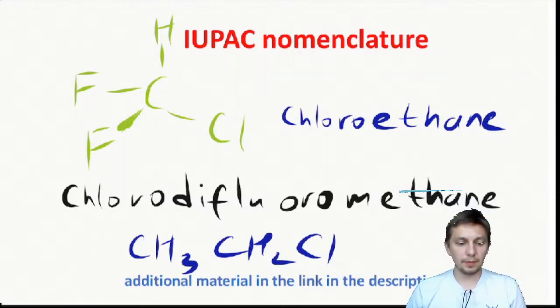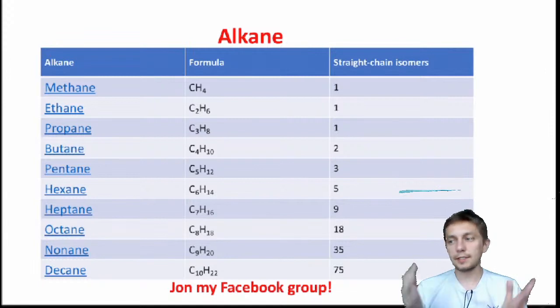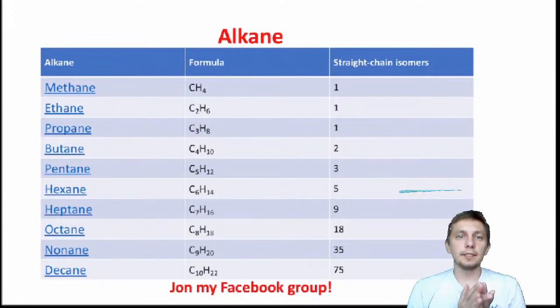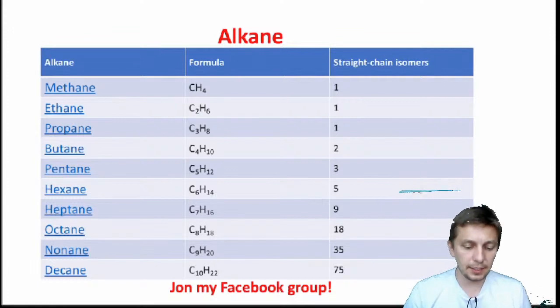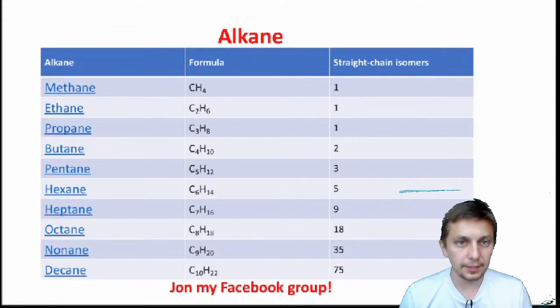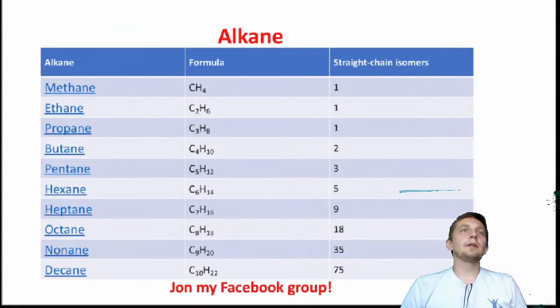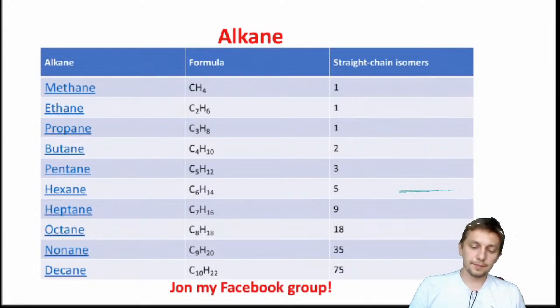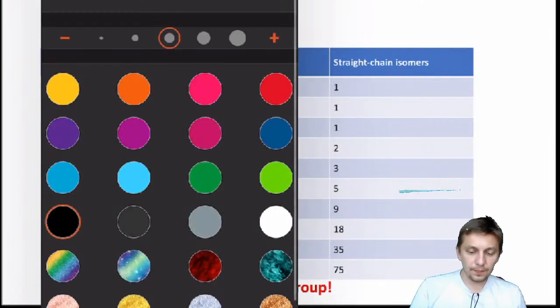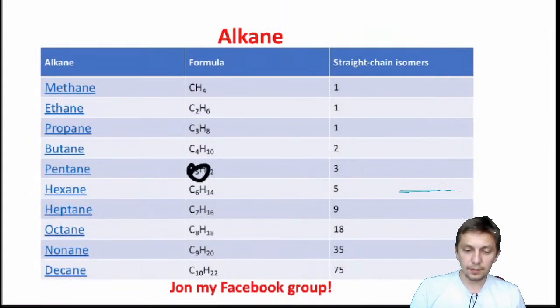So at first, we will start with what we must memorize. It's this table. This table, it's what you must memorize, literally memorize. These words, these numbers: methane, ethane, propane, alkane, etc. If someone knows Greek, they probably know from pent, it means 5, and not only Greek, but Latin.